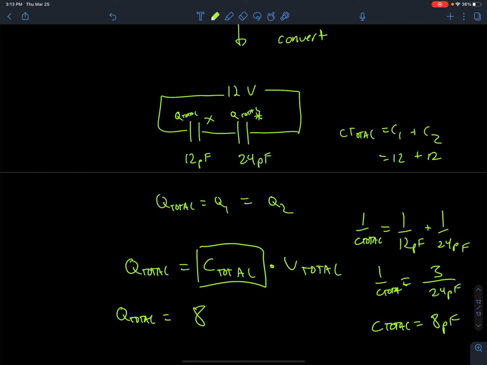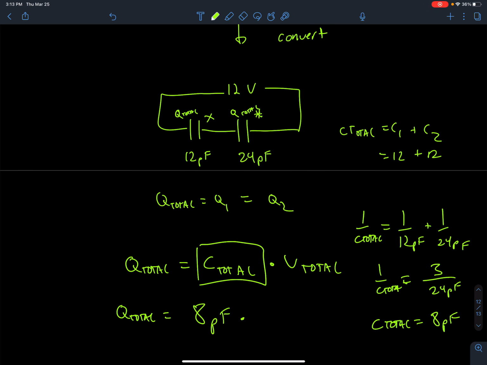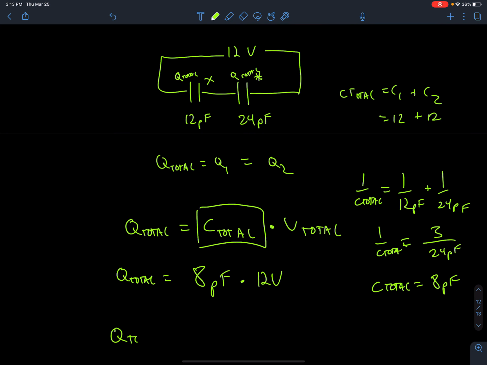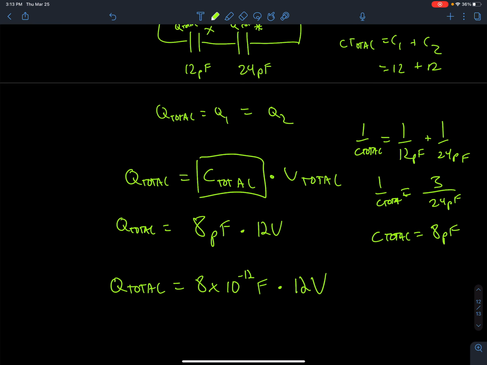So 8 picofarads times 12 volts is going to be my Q total. Q total is equal to 8 times, now pico, if I search up in my data booklet, I think is 10 to the minus 12 farads, okay, times 12 volts, and then that should give me my total charge.